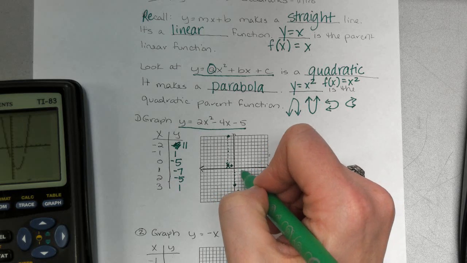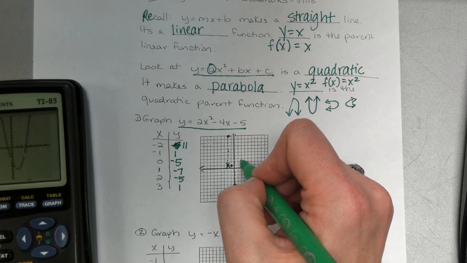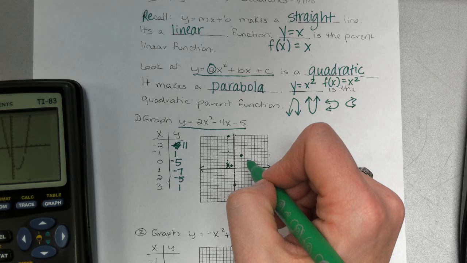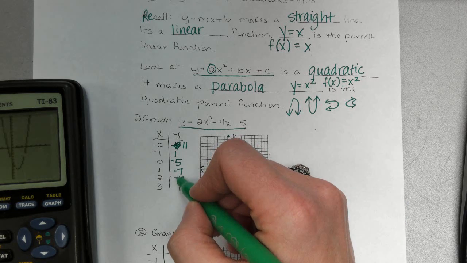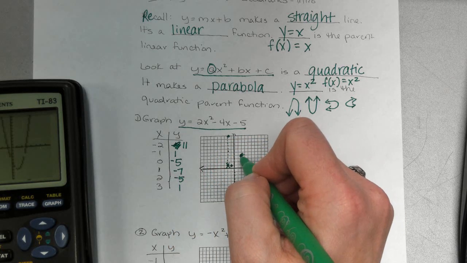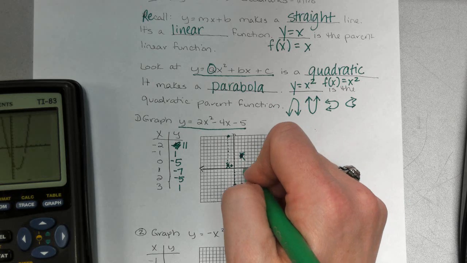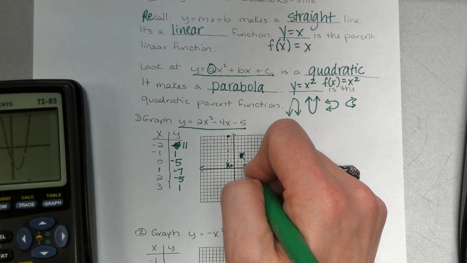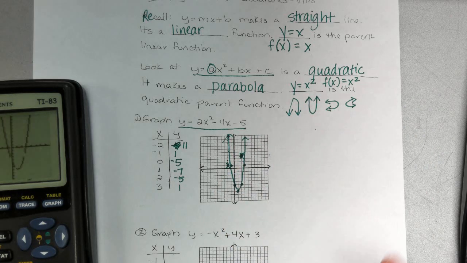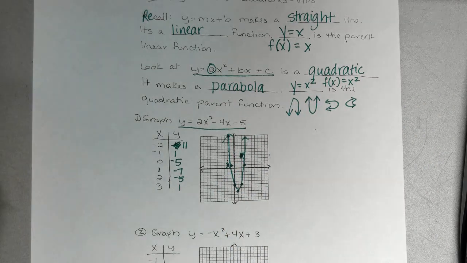Right here. Just keep graphing these. Oh, that's not right. I'm in a hurry, I'm sorry. And then 3 and 1. Okay, so, okay, there you go. There's the line, okay?